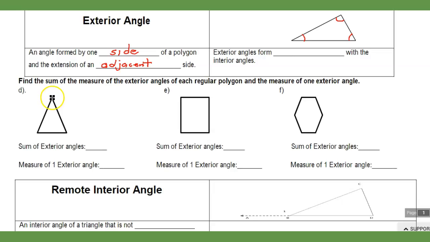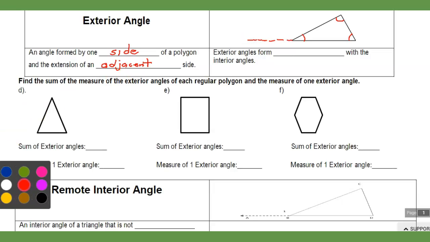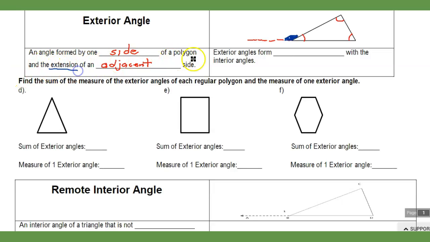Okay, that's an exterior angle. And what happens is that they end up forming, if we extend this right here, okay, we call this right here the exterior angle.